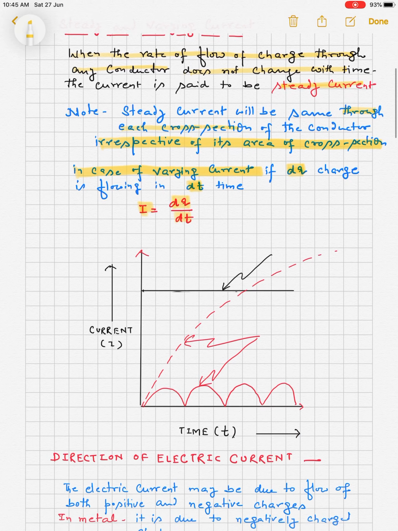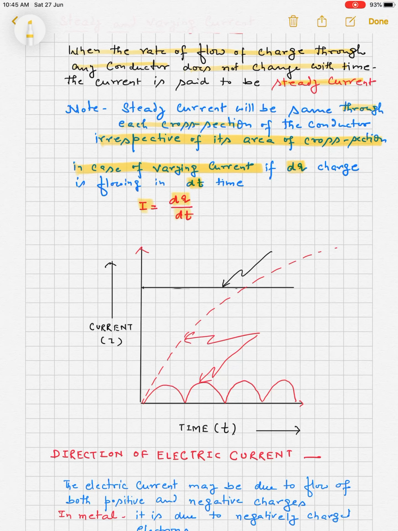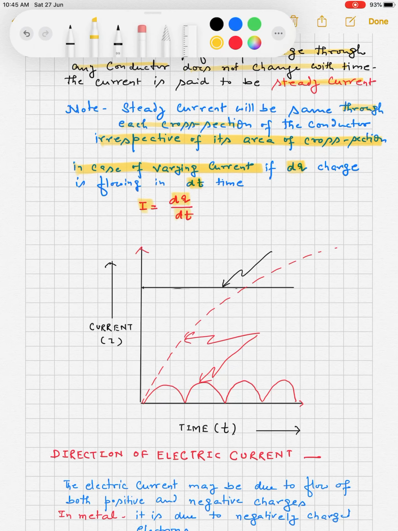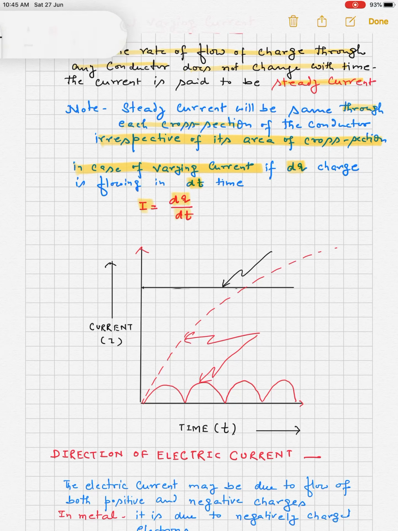So here is the graph shown for steady and varying current. Here is a graph between current and time. This is the graph A. For this graph, time is changing but current is not changing, current is the same. So this is the graph of steady current.